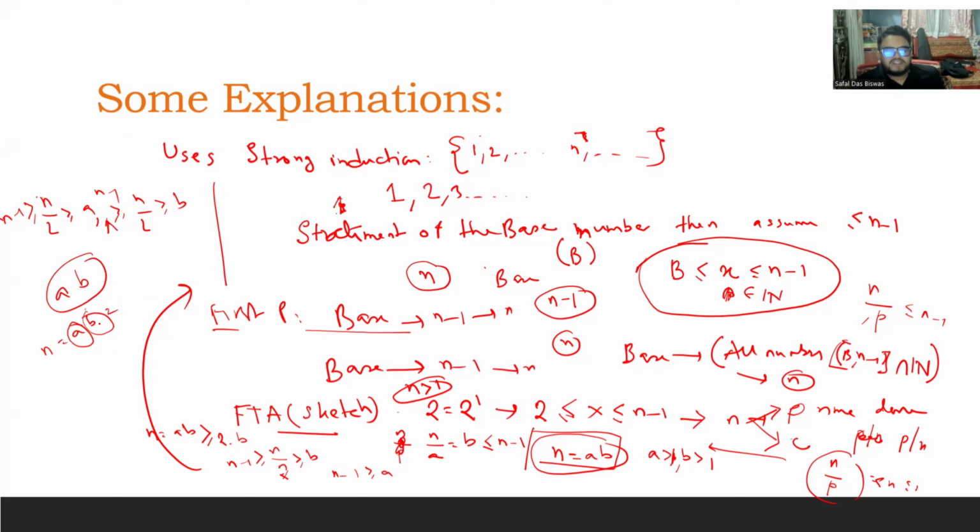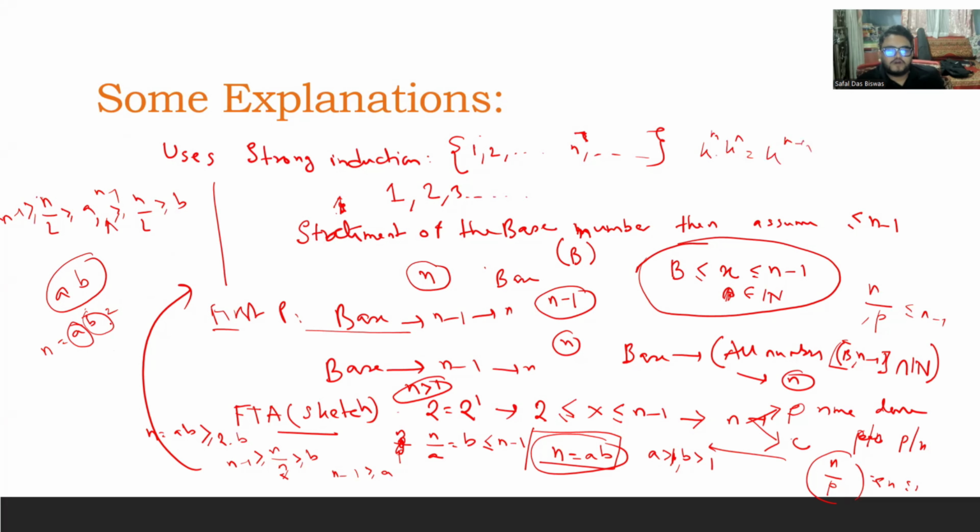Now, clubbing: if there is any common prime between a and b, we can club those and take the product and add their exponents, because we know that k to the power m into k to the power n is just k to the power m plus n.